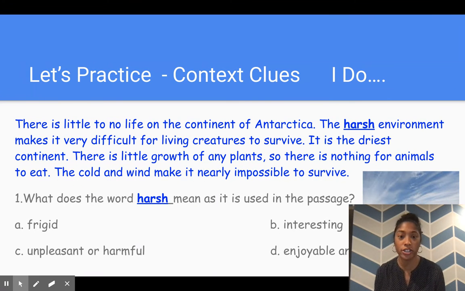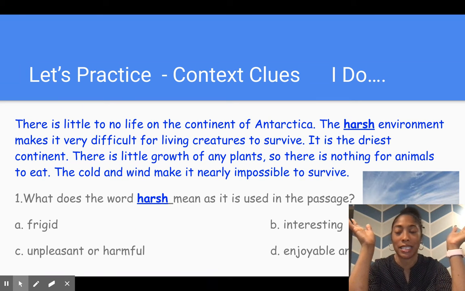The harsh, that's the word we're looking for, environment makes it very difficult for living creatures to survive. It is the driest continent. There is little growth of any plants, so there is nothing for animals to eat. The cold and wind make it nearly impossible to survive. So now we have to be detectives. What does the word harsh mean as it's used in this passage?